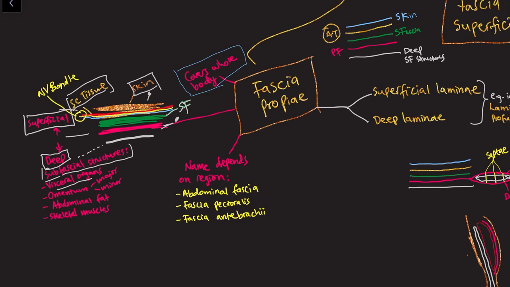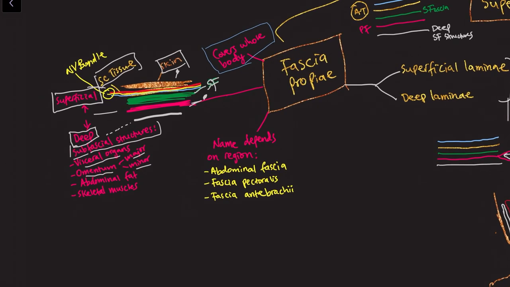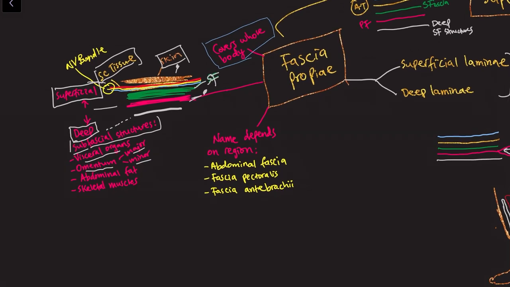Then you also have the omentum, another deep subfascial structure, right? The omentum majus and omentum minus, as you may know. And then you have the abdominal fat. Then you have your skeletal muscles.